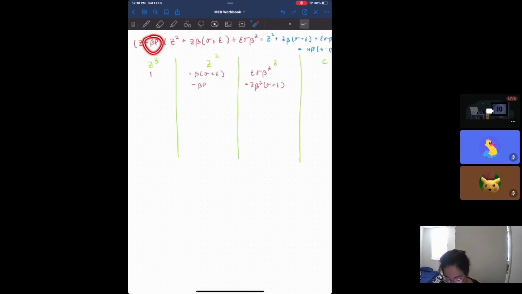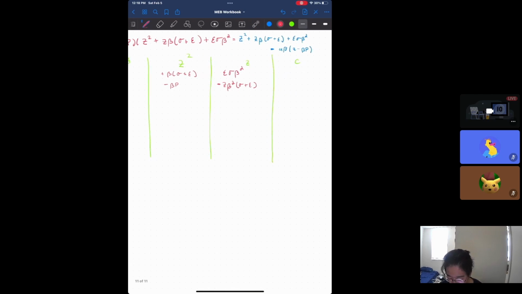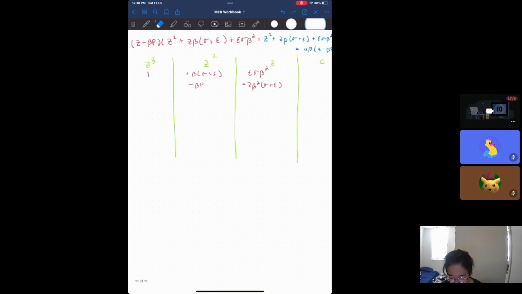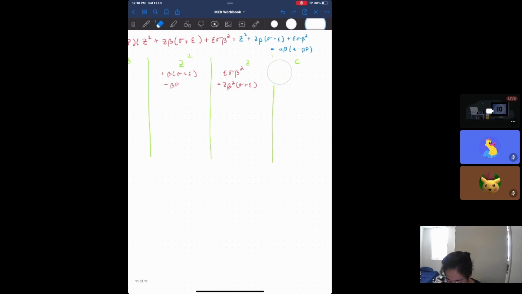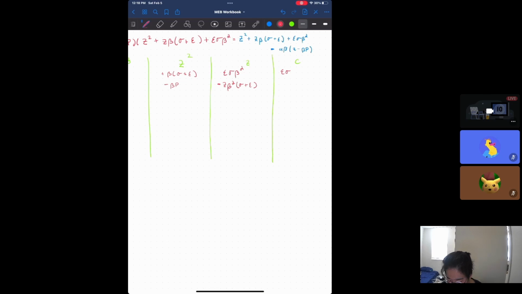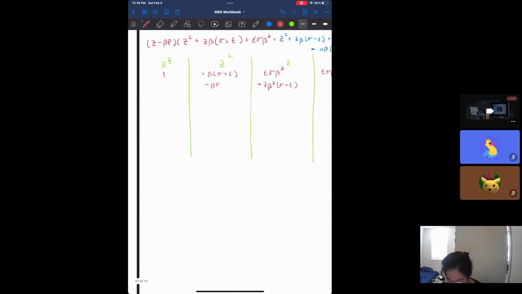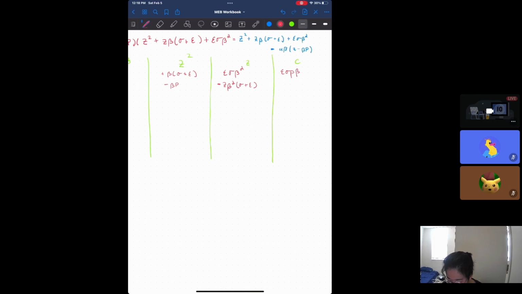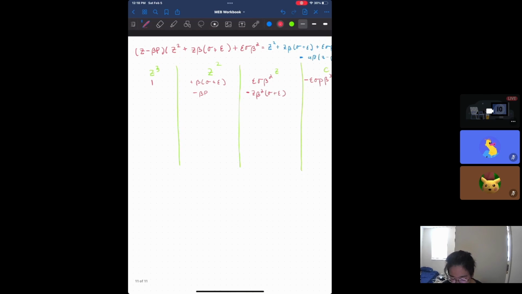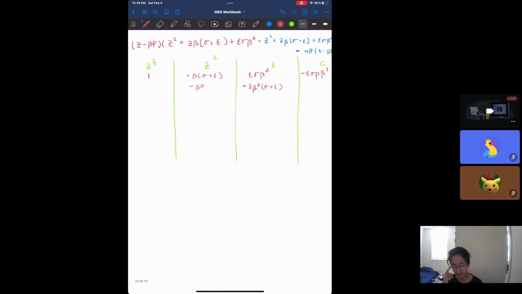And negative beta p times this expression is a constant, because there is no z in this expression. And we can say, let's see, epsilon sigma beta cubed. And don't forget the negative. I believe that is correct. Okay. And believe it or not, we're done with the left-hand side of the equation.